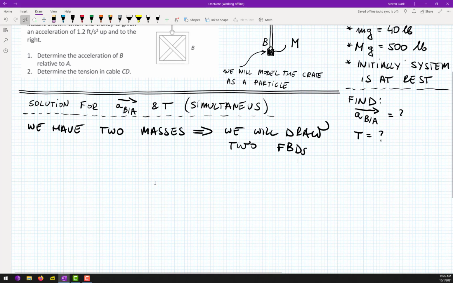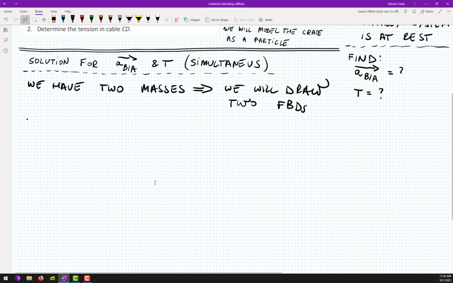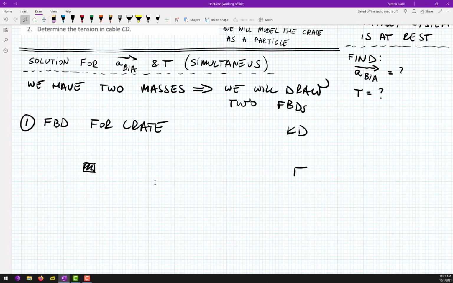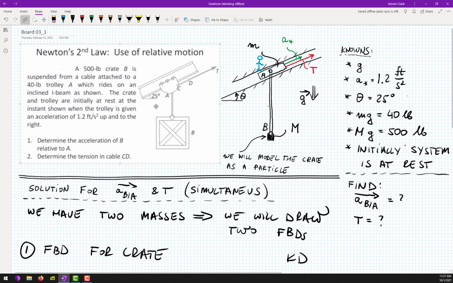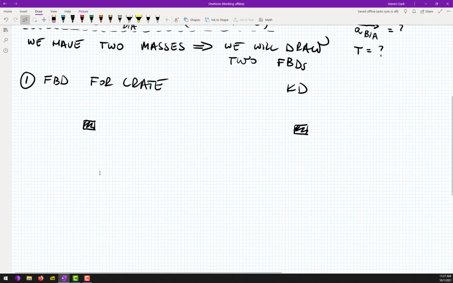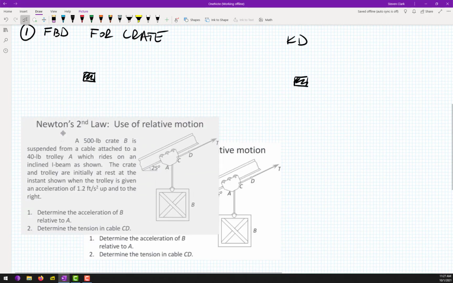All right. So let me start with the first one. FBD for crate. And also KD. So our crate will be represented with a particle here, and these are the forces acting on our crate.